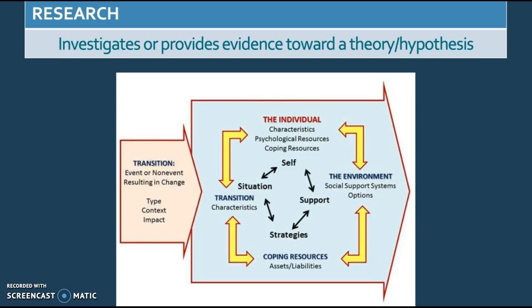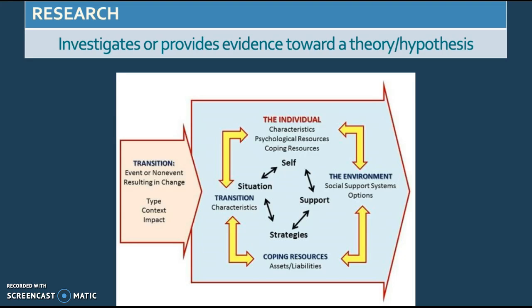If we think about research in higher education student affairs work in particular, we can think about the role of theory and how we might utilize research both to develop theory as well as to test theories or hypotheses, the ideas that we might have, the things that we might expect to see given a particular theory in a certain set of conditions.